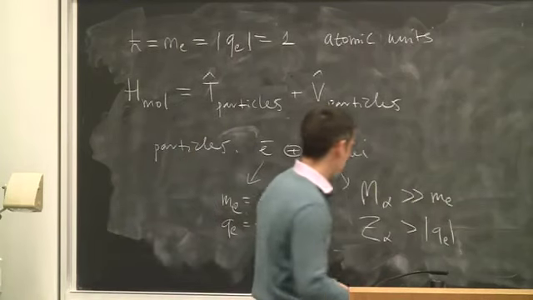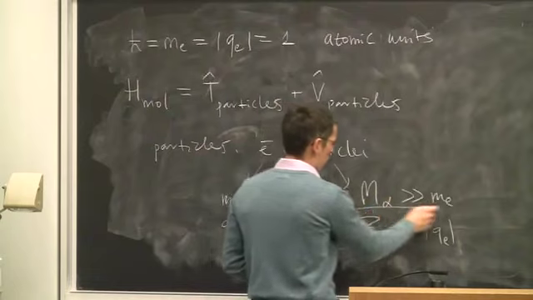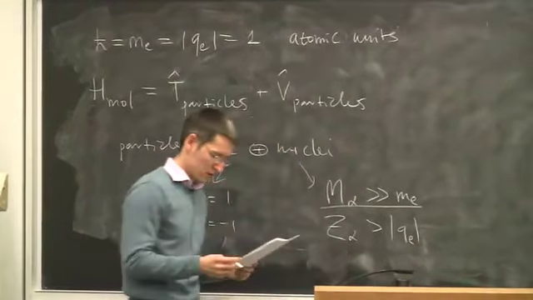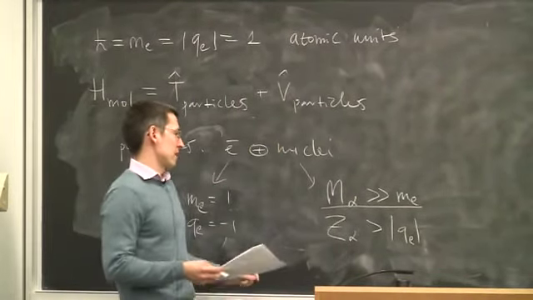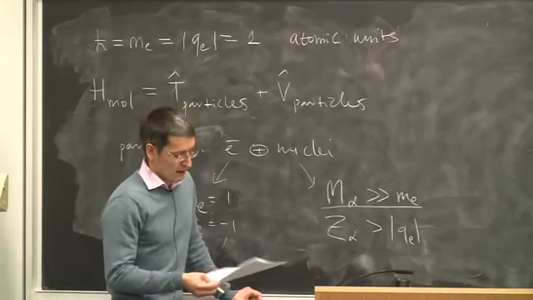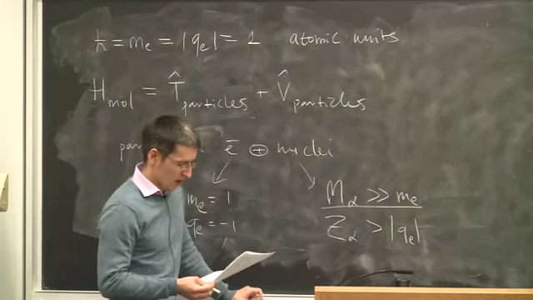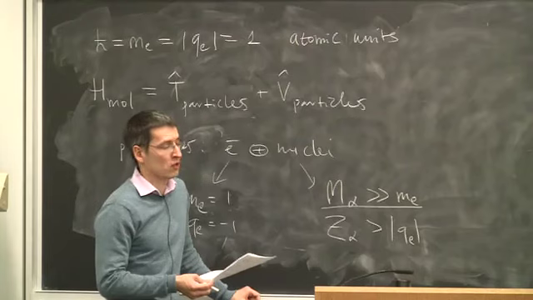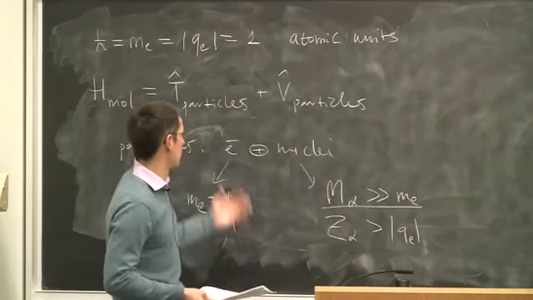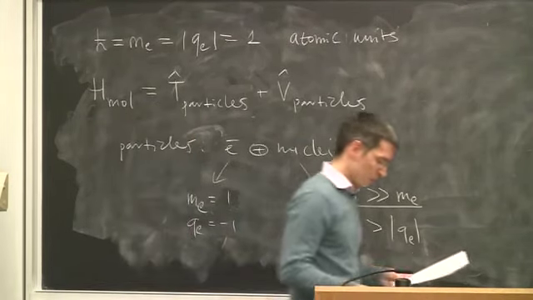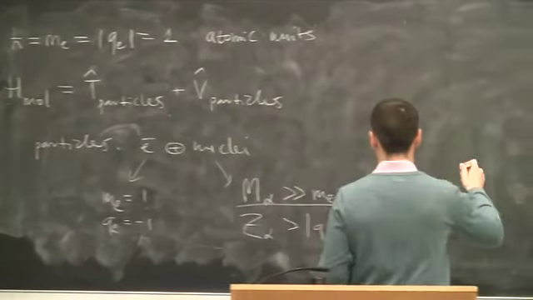But that's not very essential. The mass is more interesting because the fact that the mass of nuclei are heavier than electrons allows us to use some approximation for nuclei as classical particles, while for electrons we cannot do that. But we won't go much into that.